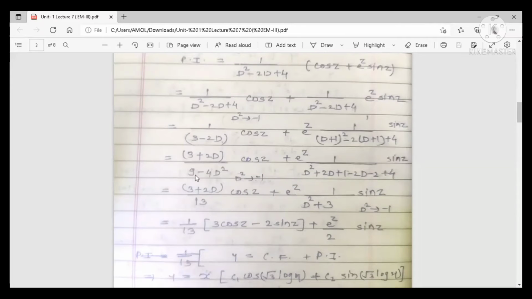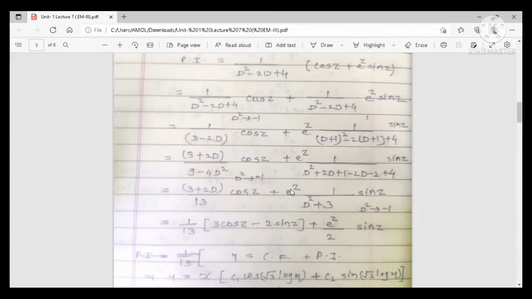The first term is now 3 plus 2d upon 9 minus 4d square into cos z. Since the cos function is there, replace d square by minus 1, like in the second step. So it is minus 4 into minus 1 plus 9, which is 13. The denominator is 13 and the numerator is 3 plus 2d, so 3 plus 2d upon 13 into cos z.